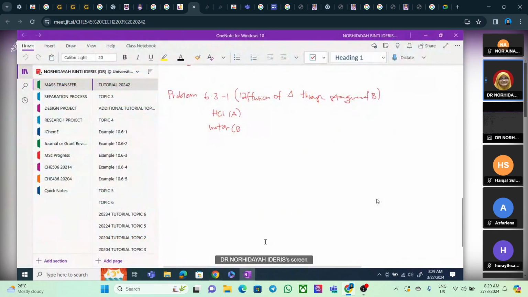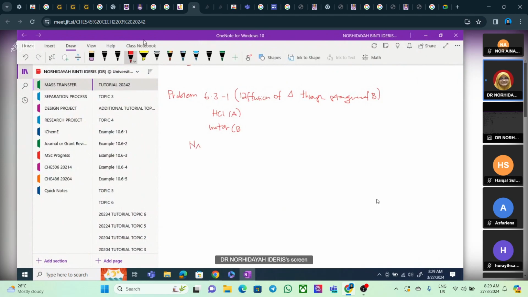So first we write down the equation that we're going to use. NA equals... Alright.